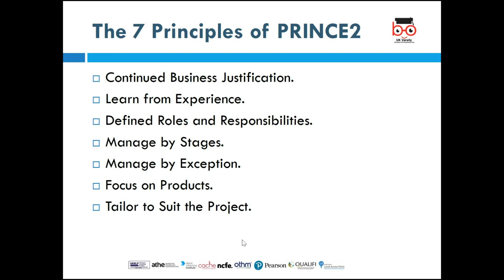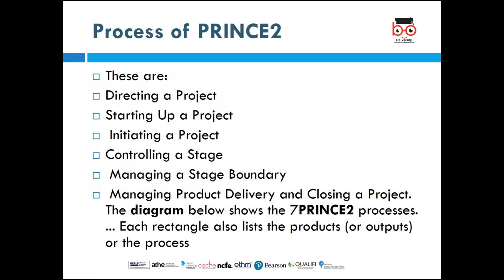It is managed by stages. Every phase is managed. It is managed by exception. And it is focused on products and tailored to suit the project. So Prince2 is quite unique because it can be tailored to suit every single project and every single phase. Okay, let's look at the next slide.